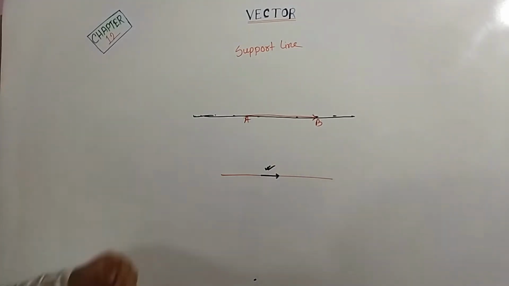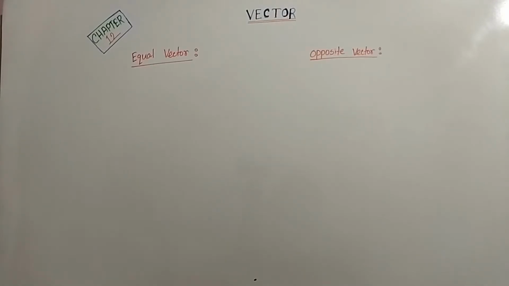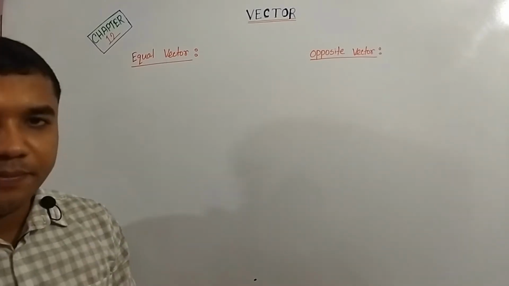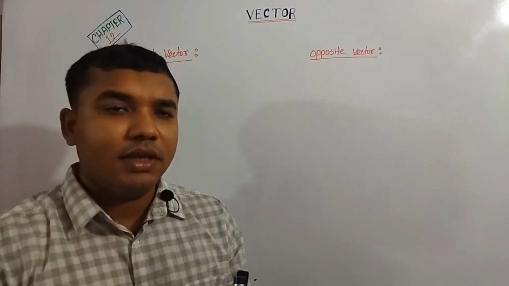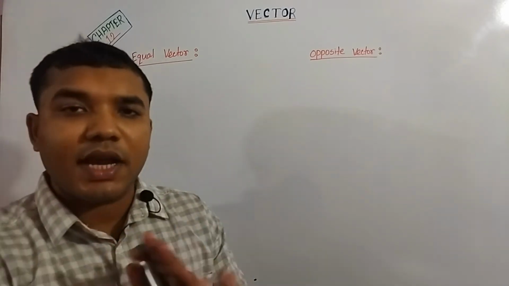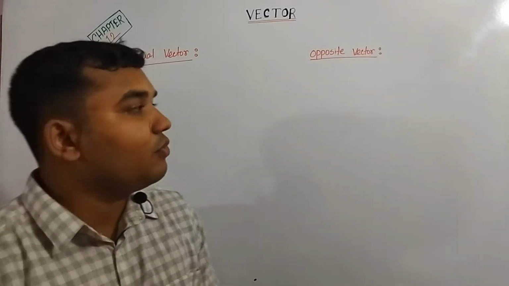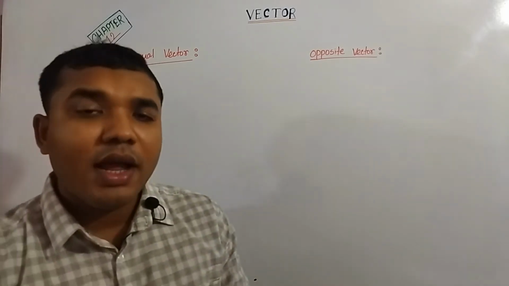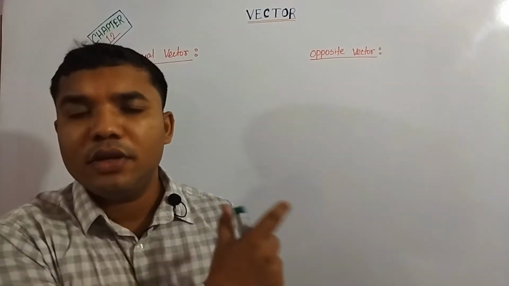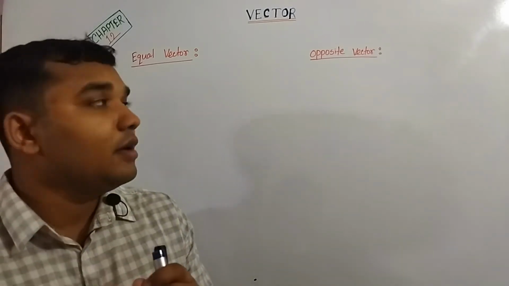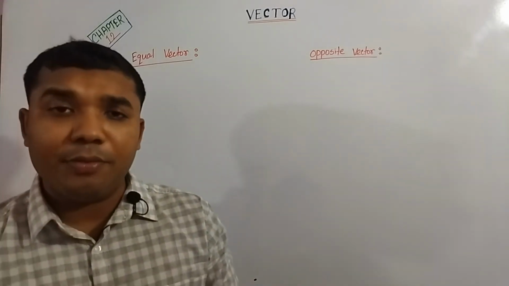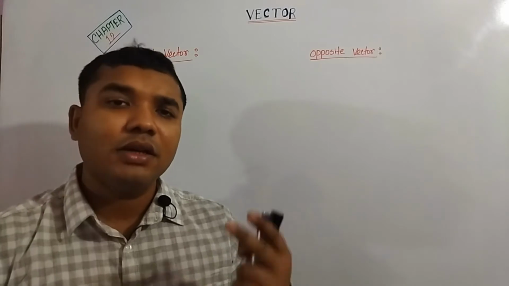Okay, and after understanding the support line, we will understand two things at a time: equal vector and opposite vector. These two are very similar in the case of vector definition. That's why I'm writing them side by side. We'll understand the basic difference between these two, and at the same time the real definition of these two. When we talk about vectors which are equal or opposite, we need at least two vectors.